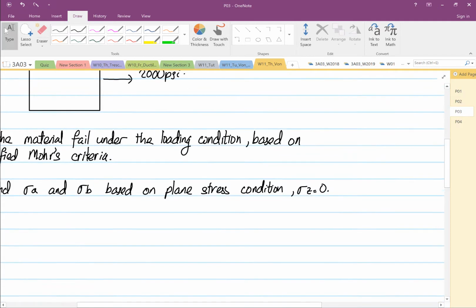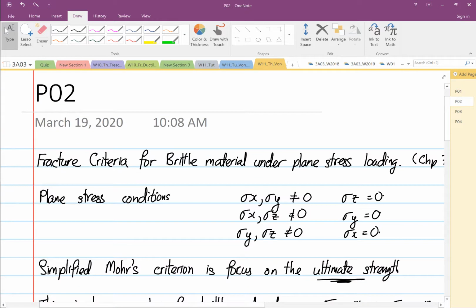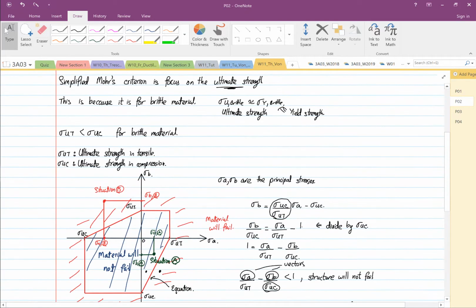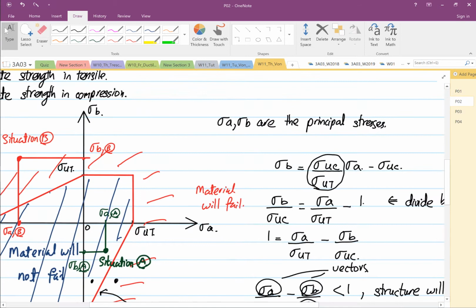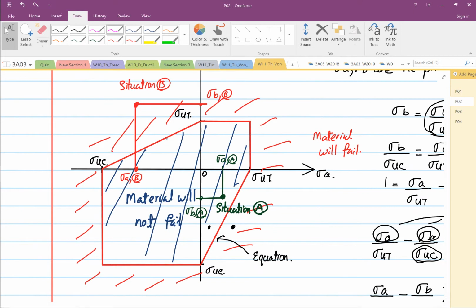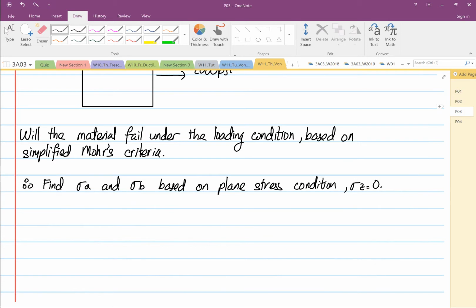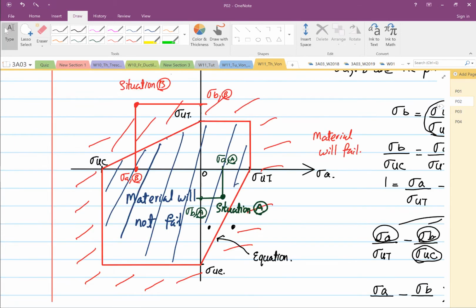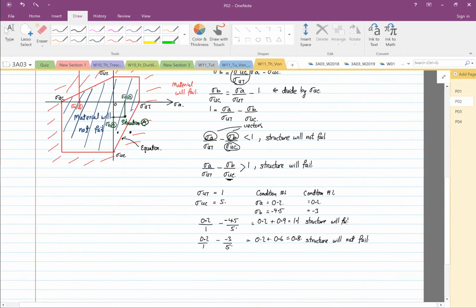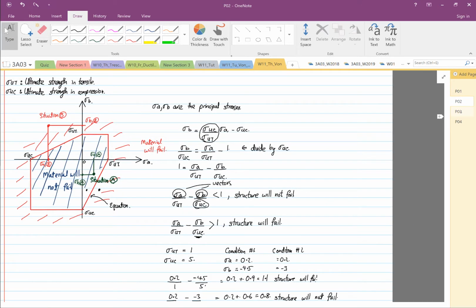So we don't know whether it fails or not, whether it is operating inside this blue shaded region or in the red region. That's what we have to find out. We have to discover it.